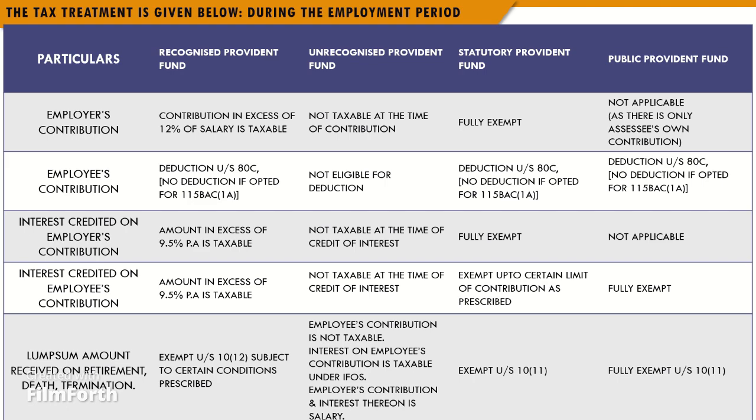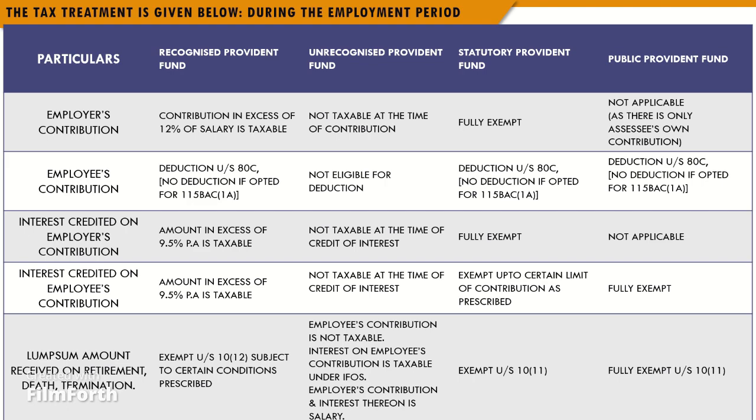Interest credited on the employer's contribution: fully exempt. Interest credited on the employee's contribution: exempt up to a certain limit of contribution. Amount withdrawn on retirement or termination: exempt under Section 10(11).